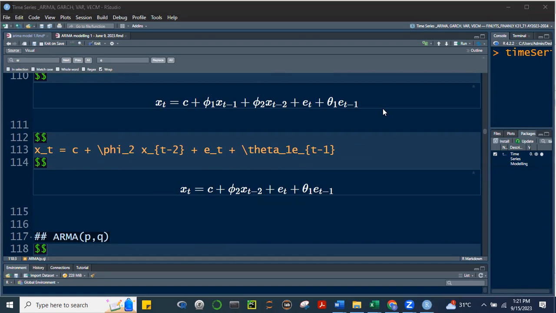What will be the lag of the AR and your MA for that equation? This one.